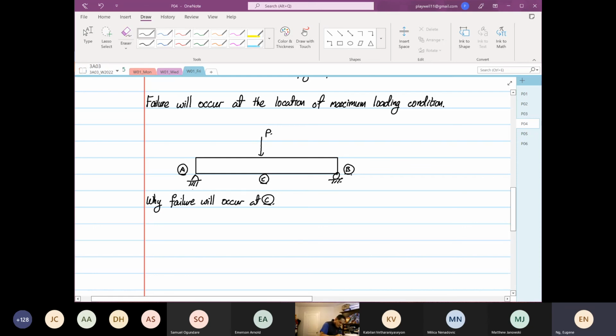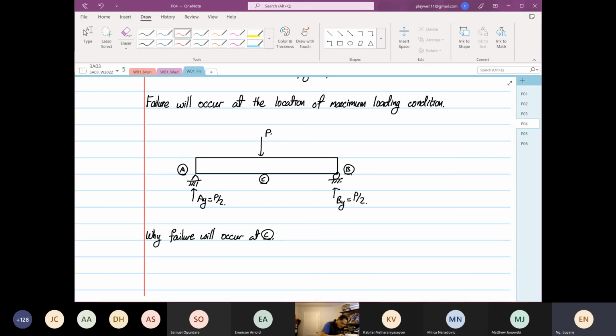So if I calculate my reaction forces, we know that the reaction AY is equal to P over 2, and the reaction BY is equal to P over 2.